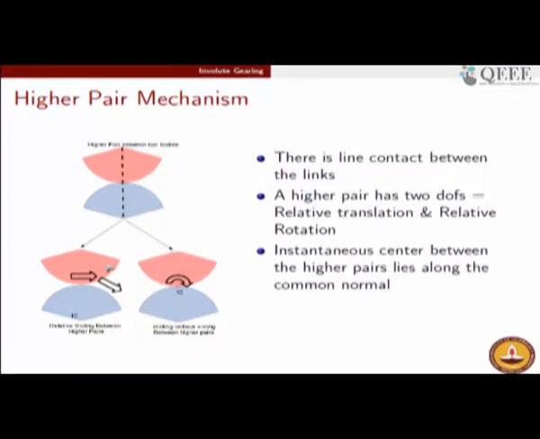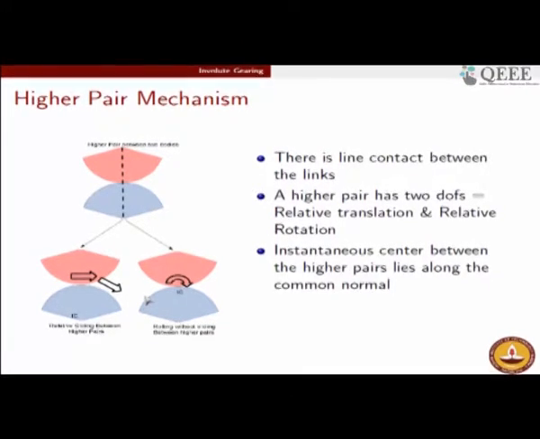The question we wish to ascertain now is what is the instantaneous center of a higher pair mechanism. By its very definition, it is a point embedded in both the bodies such that whether you consider this point to be embedded in body 1 or in body 2, either way it has the same velocity. So, you have to find that instantaneous center between these two bodies which form a higher pair mechanism.